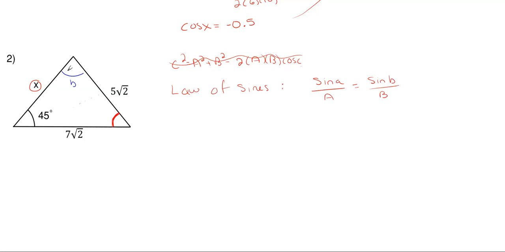So once we find the angle B, since I know that the internal angles of a triangle all have to add up to 180 degrees, I can find the angle opposite my x and then use the law of sines. So let's go this route.